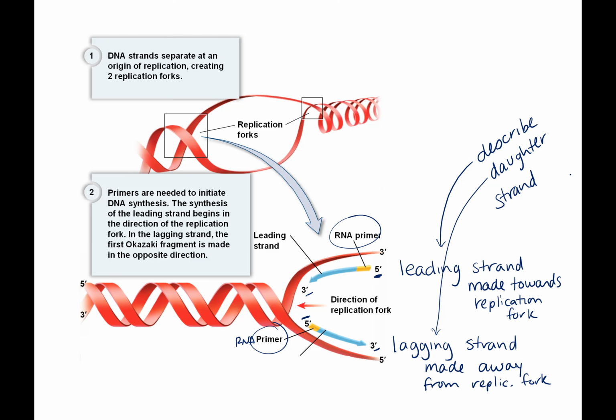So we've got DNA replication happening on both strands at the same time, but because DNA polymerase can only go one direction, right, the strands are made in the opposite direction.